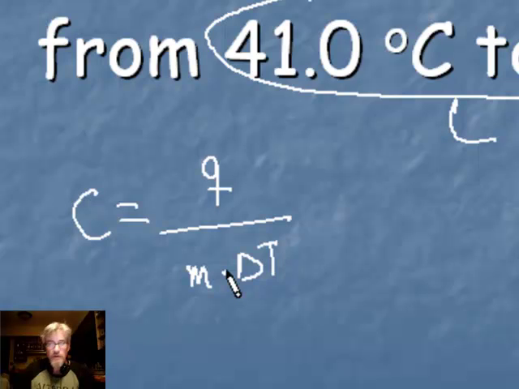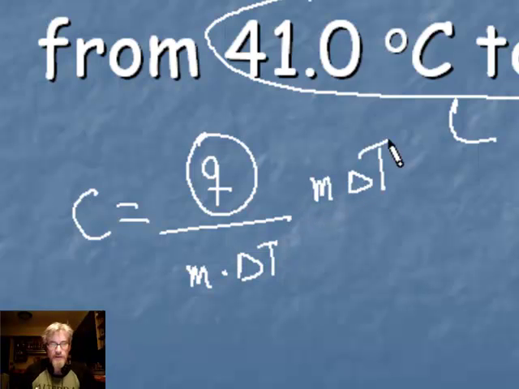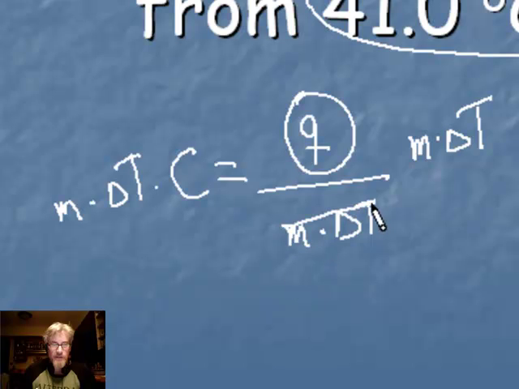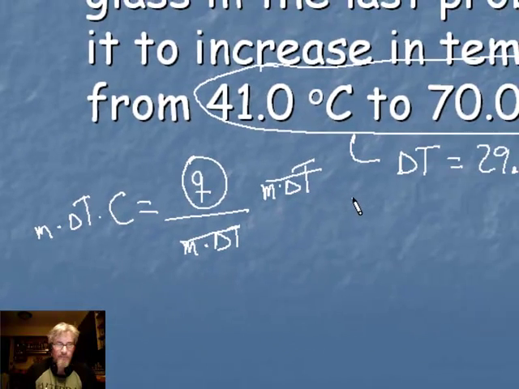Now, you can do a little algebra on this equation. Since I'm trying to isolate Q, that's what I'm trying to solve for, I want to get that alone on one side. I can do that by multiplying both sides by mass times delta T. And when I do that, mass times delta T cancels on the right-hand side. So what was on the right now is Q. That's isolated.